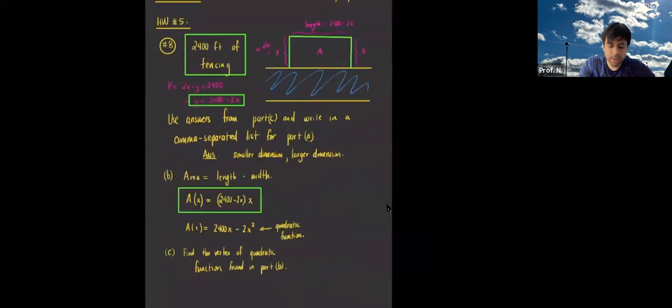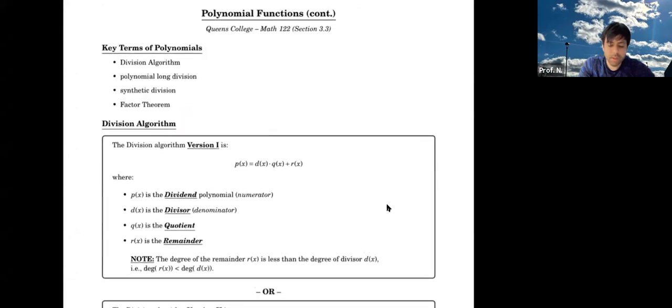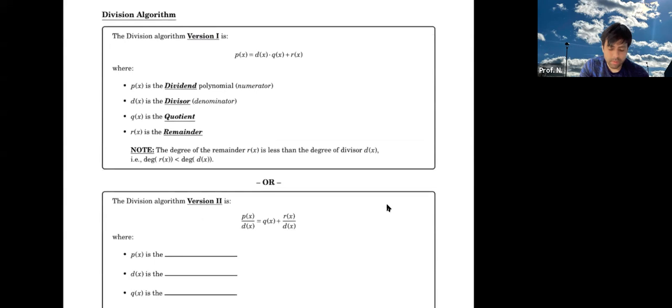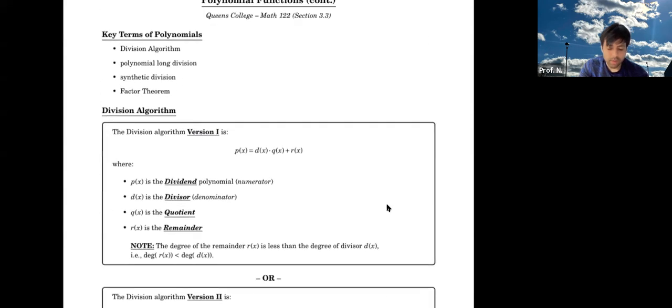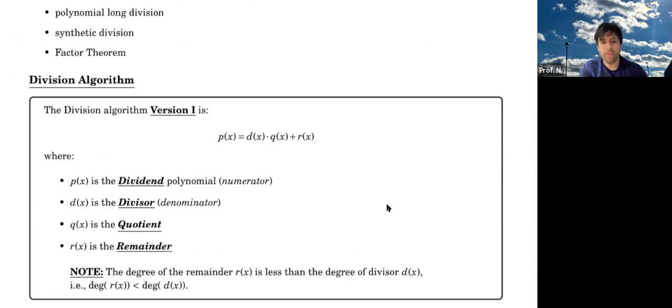And now, if you look at the worksheet or the PDF, we're going to continue on with polynomial functions. In particular, we're going to talk about the division of polynomials. So here, he has something that's called the division algorithm.